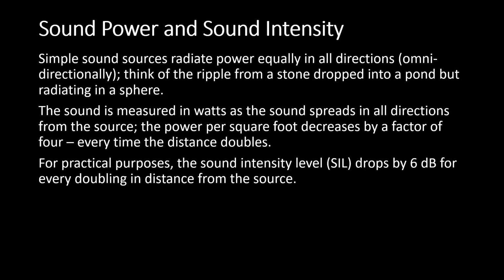And if you remember, we dropped by 3 dB if the power decreased by a factor of 2. In this case, the second paragraph says the power per square foot decreases by a factor of 4 every time the distance doubles. And that's where the 6 decibels comes from, is the factor of 4 every time you double the distance.